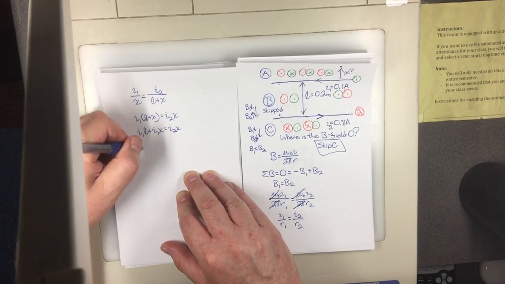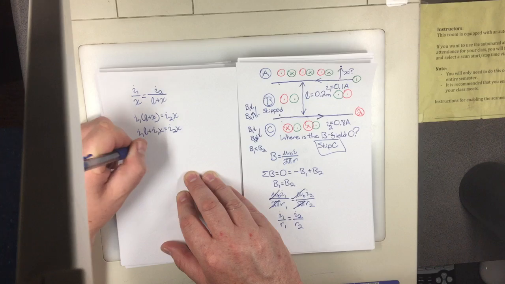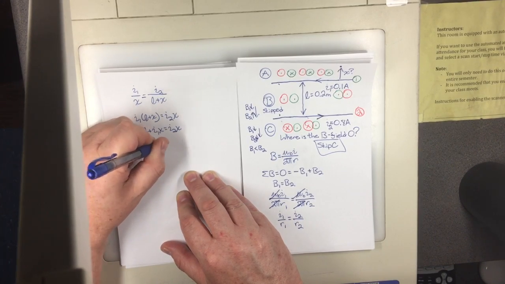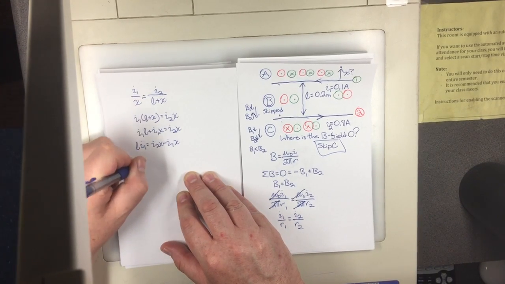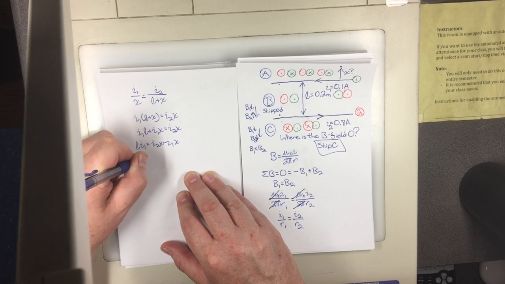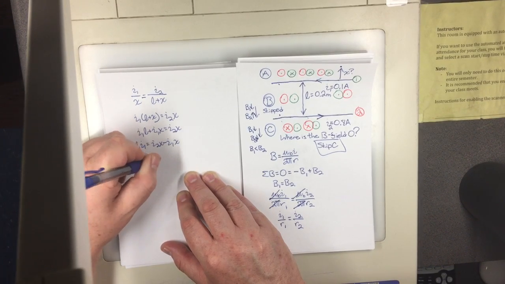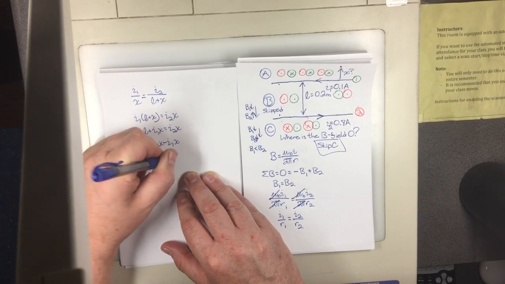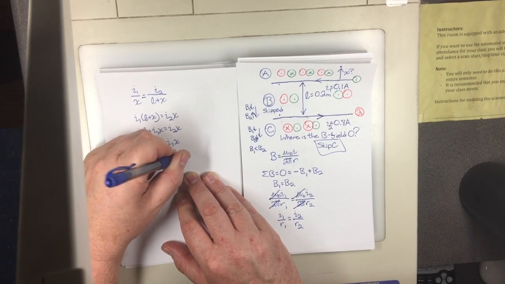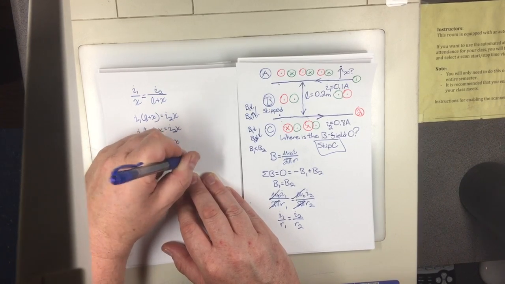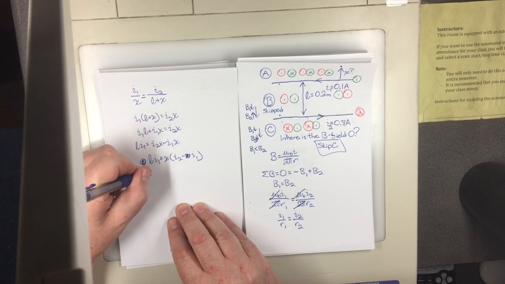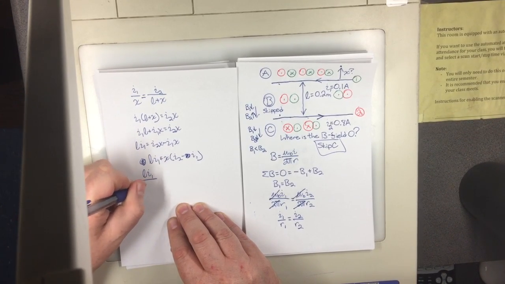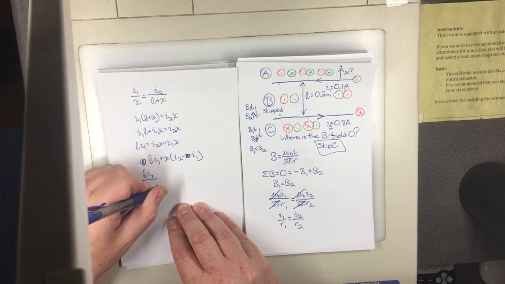I get my X's on one side. And I forgot my L. Oh, I keep the L. L I1 over X, I2 minus I1. And then I solve for X.